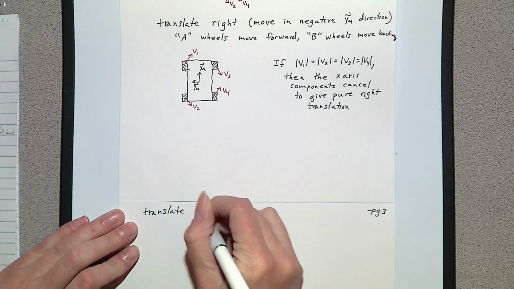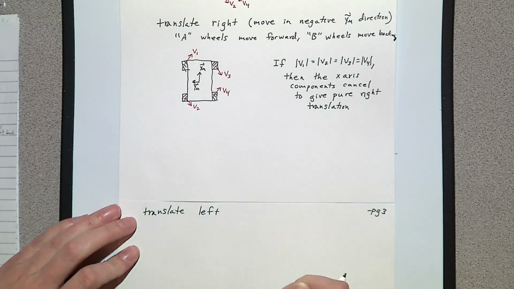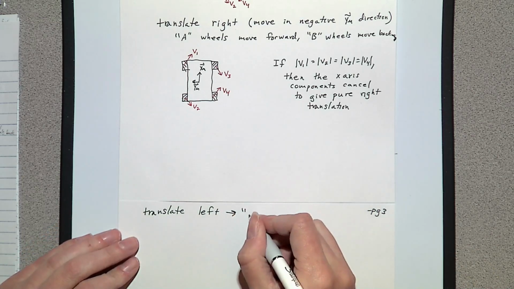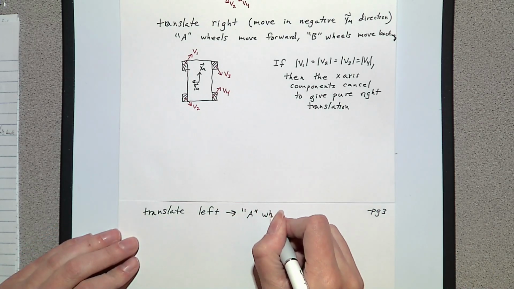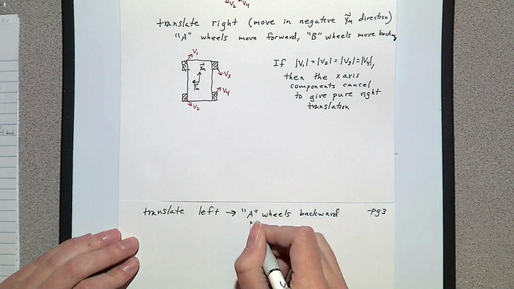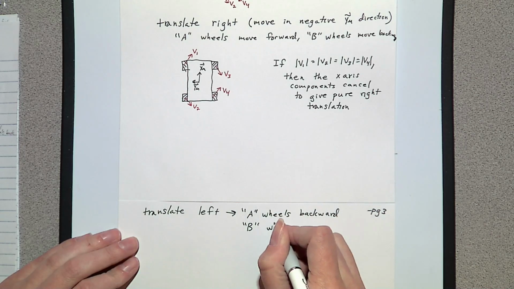And so then, likewise, if we want to translate left, then we have A wheels backward and our B wheels forward.